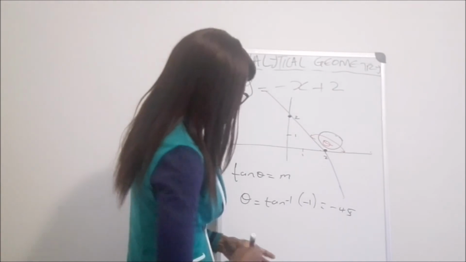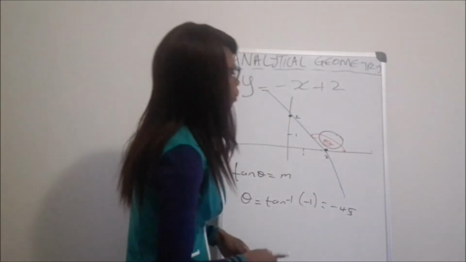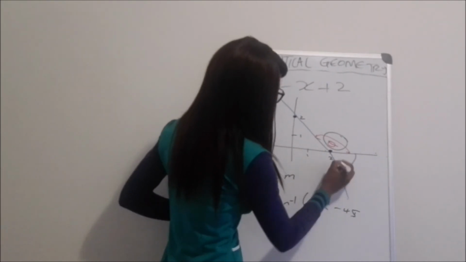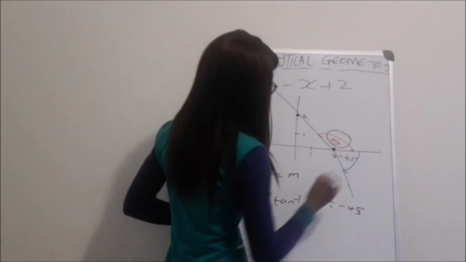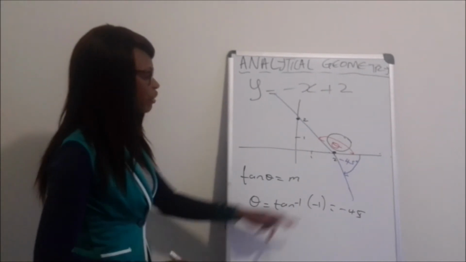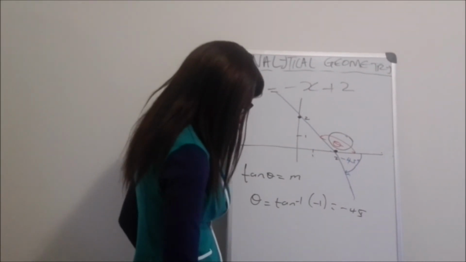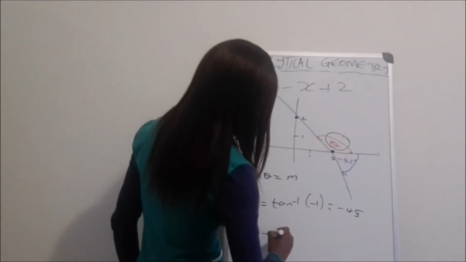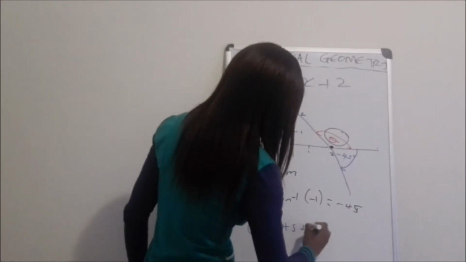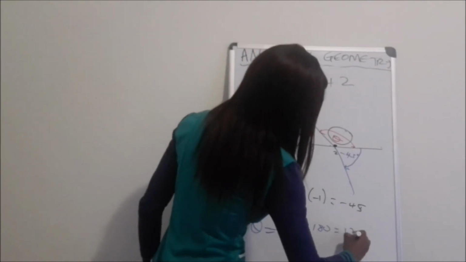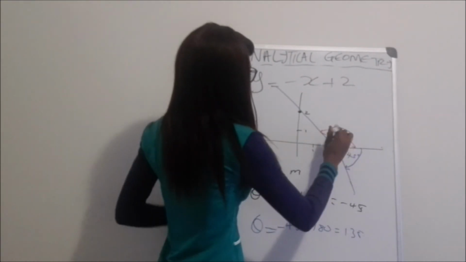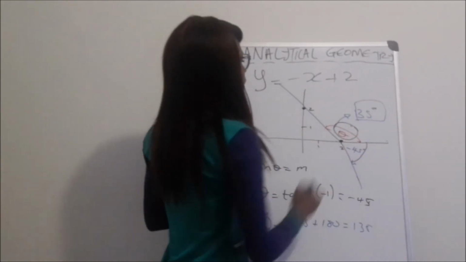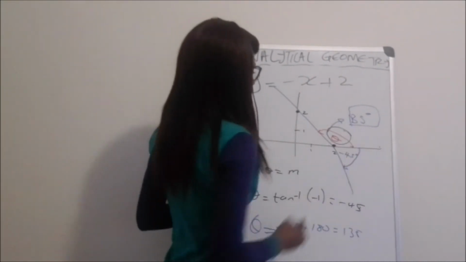That angle is actually -45, measured clockwise from the x-axis. Then to find the positive one, we add 180 to this, so -45 plus 180 gives 135 degrees. So the correct angle of inclination is positive 135 degrees.